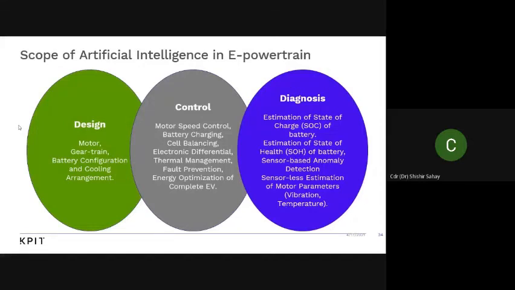Whenever the train has to stop, a machine gets coupled with the engine, with the wheels, and that machine acts like a generator, and the electricity which is generated goes and charges the batteries, right? So it's a very complicated design problem, and there your mind will tell you that there are many independent variables, and there is one dependent variable. How is the relationship?